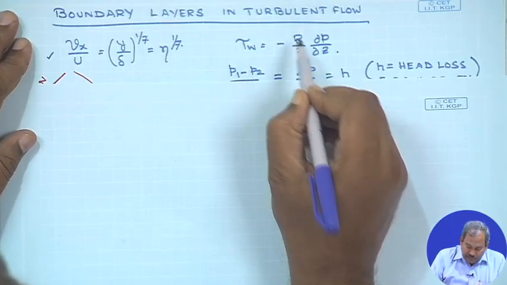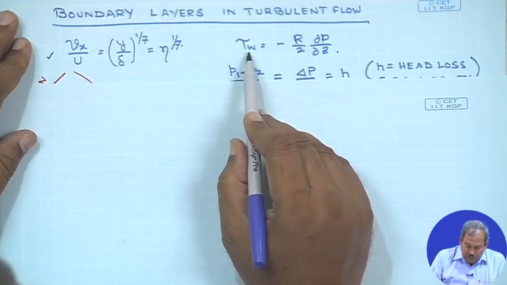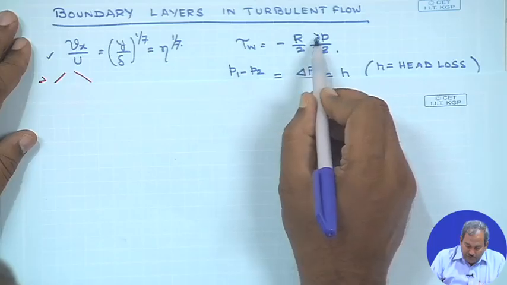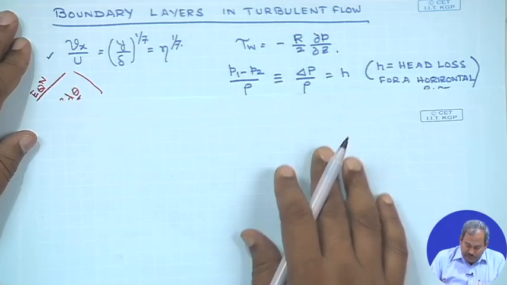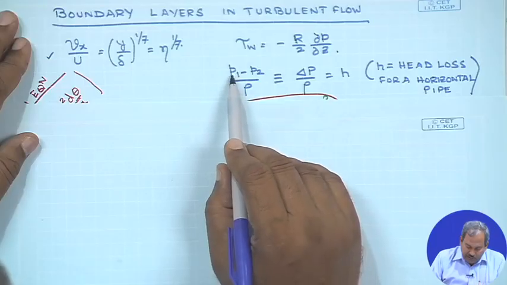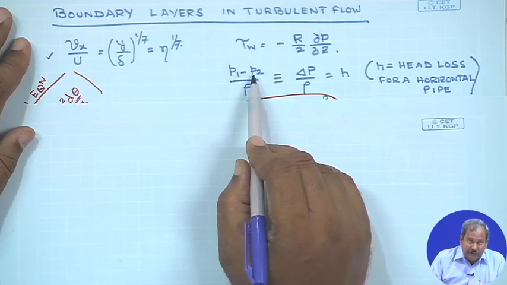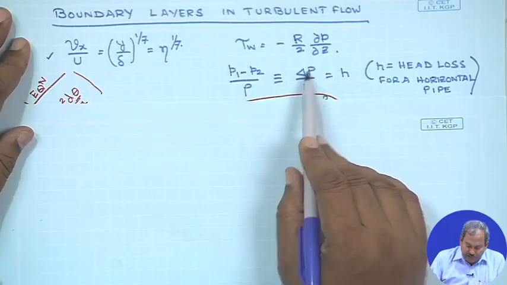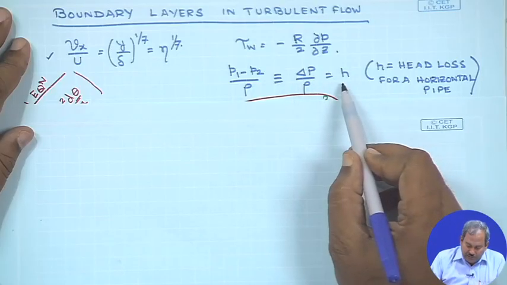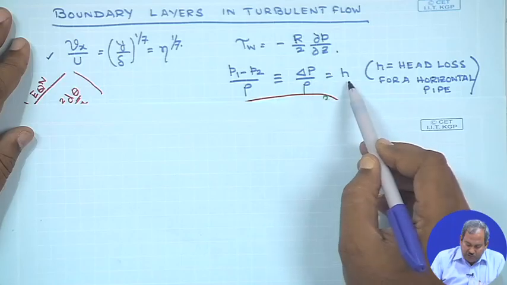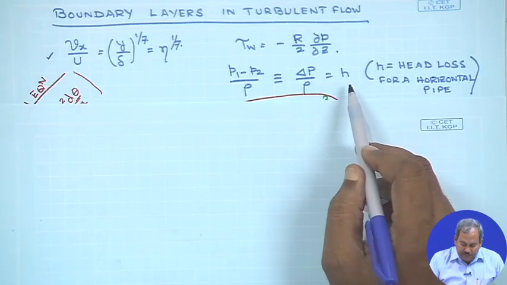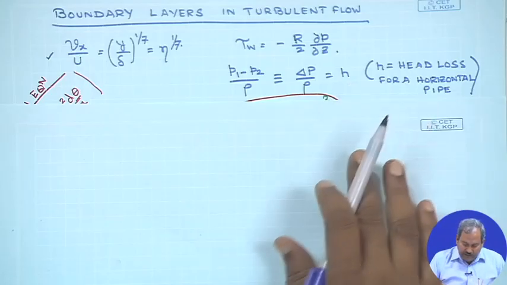So, we start with the expression which we have obtained before. The wall shear stress is equal to minus R, where capital R is the radius of the pipe, by 2 del P del Z. And it is just a definition that P1, the upstream pressure, minus P2, the downstream pressure, divided by rho is defined as delta P by rho, and from our study of fluid mechanics, this delta P by rho is also known as the head loss, commonly expressed as H. So, for a horizontal pipe, delta P by rho is simply equal to H, where H is the head loss.